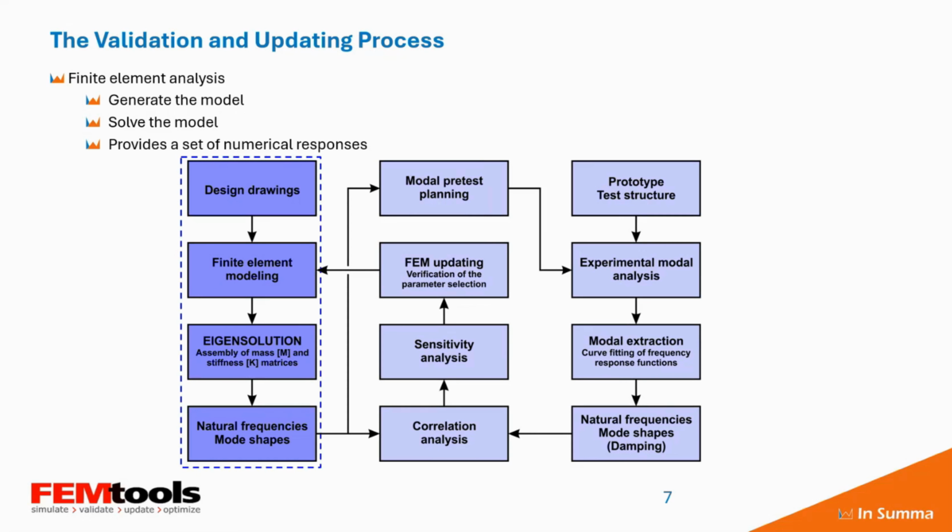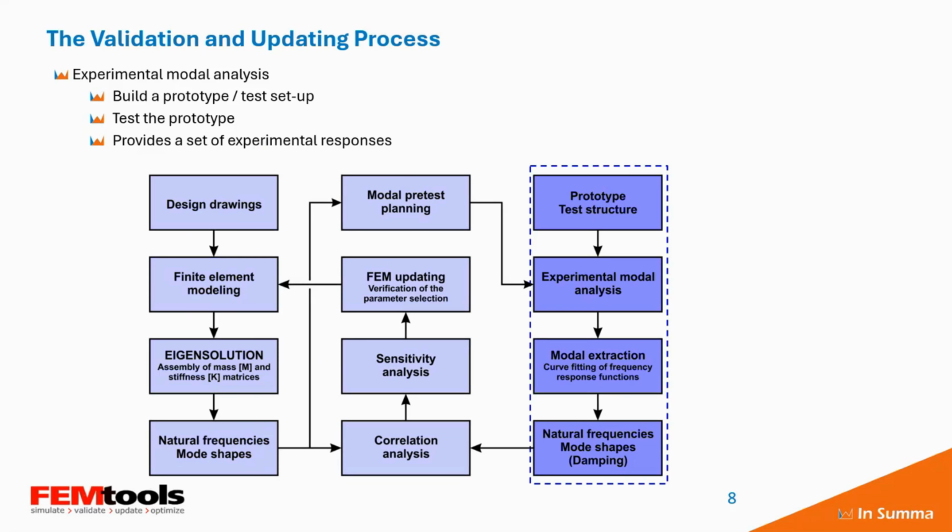So when we look at the general validation and updating process, on the left-hand side we have our analytical method or the FE model, which typically comprises nodes and elements, from which we can then compute our eigen solution, where we basically assemble our mass and stiffness matrices, from which we can then derive our analytical or FE natural frequencies and mode shapes and other parameters as well.